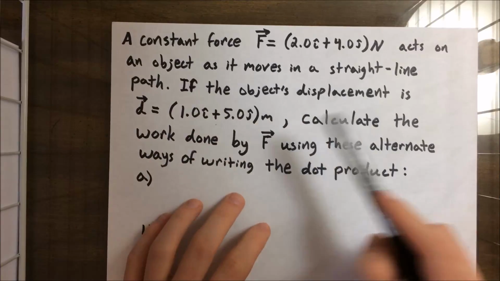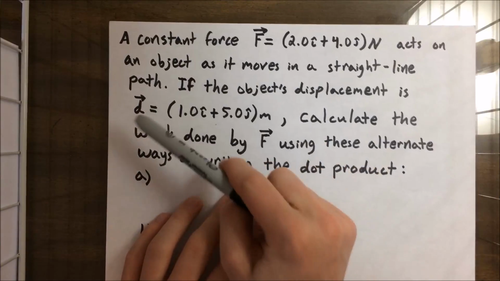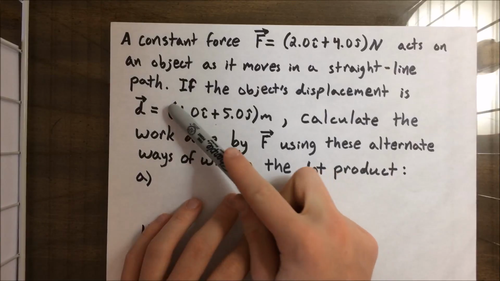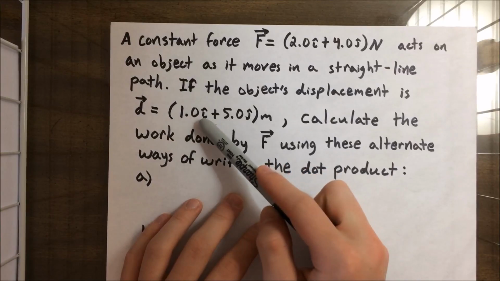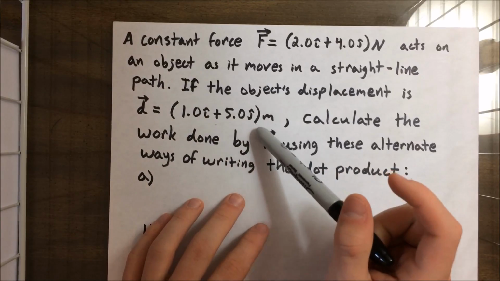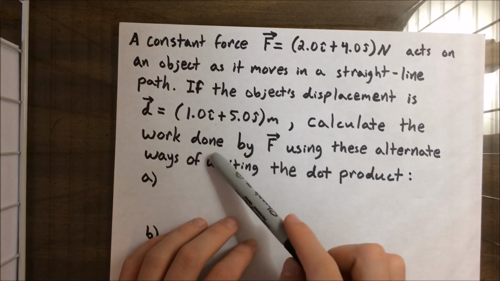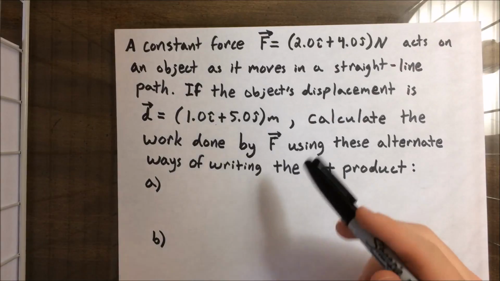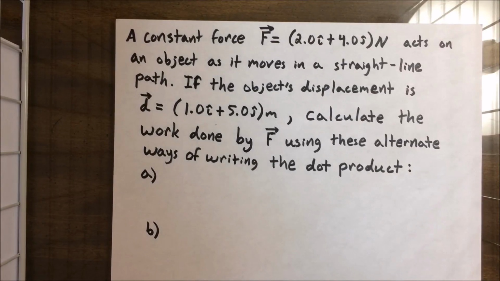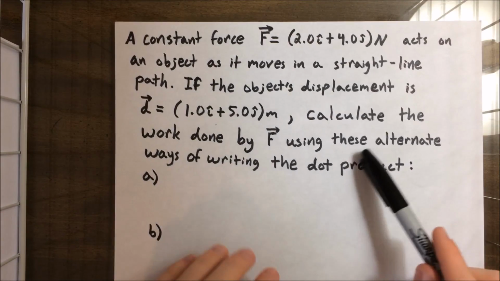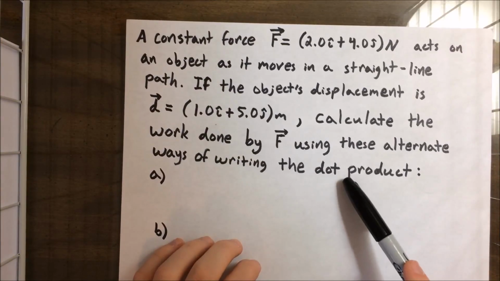If the object's displacement d is equal to the value 1.0 i hat plus 5.0 j hat meters, calculate the work done by the vector f using these alternate ways of writing the dot product.